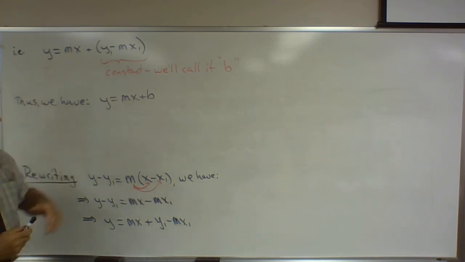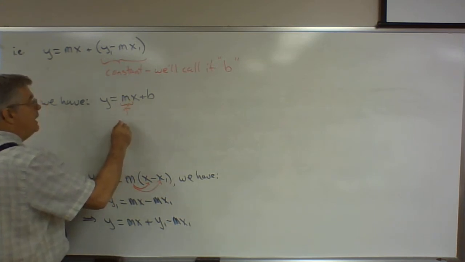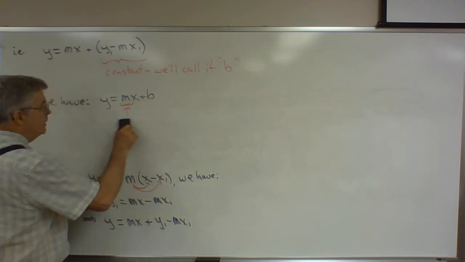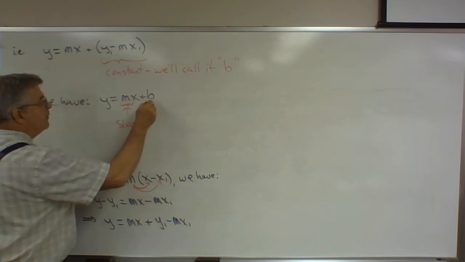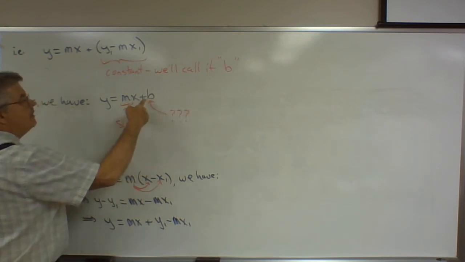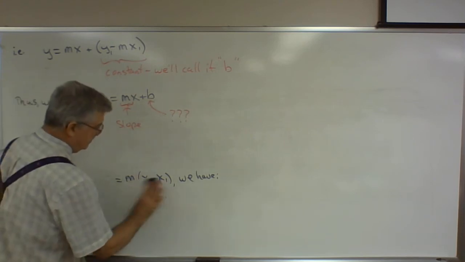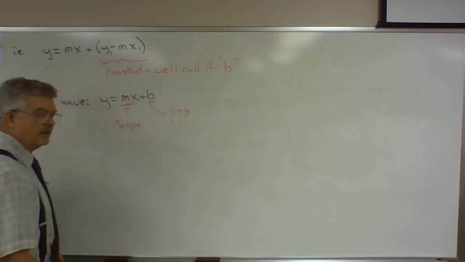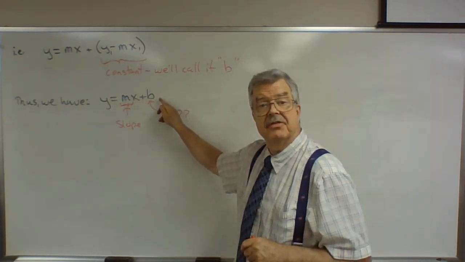Y equals mx plus b. We already know that m is the slope. What about this thing b here? What is it? There's an easy way for us to find out what this thing is.